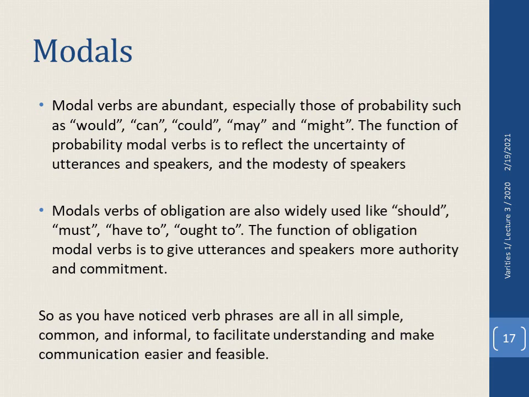The main stylistic function of obligation modal verbs is to give utterances and speakers more authority and commitment. So, as you have noticed, verb phrases are all simple, common, and informal to facilitate understanding and make communication as easy and feasible as possible.